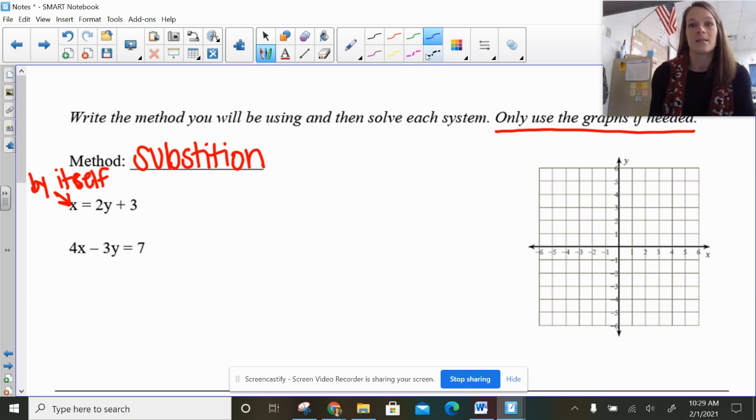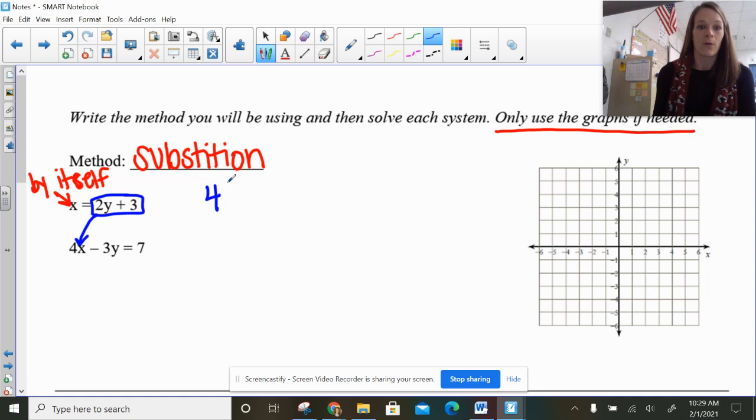Since this problem has x equals this, what I'm going to do is plug all of this that I'm circling in for x, because that is what x equals. So I'm going to have parentheses where this x is, and I'm putting all of this that I've circled.